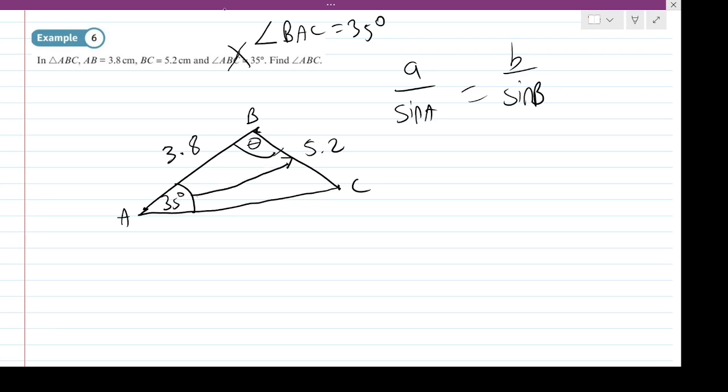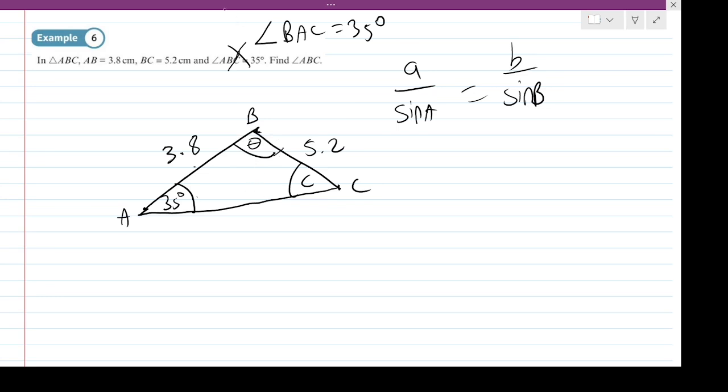But the side facing 3.8, the other side we know, is actually facing this angle here. I'll call that angle C, not this angle theta that we want. The side facing theta is this side here.